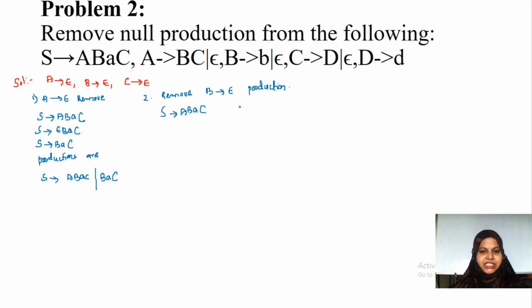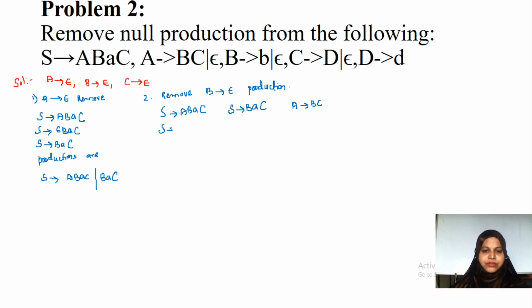S tends to ABC is one production, and S tends to BAC, one more production is there, right? Now B productions, A tends to BC is also my B production. Next B tends to B is there, C tends to D, D tends to D is there. So just we have to substitute this one.